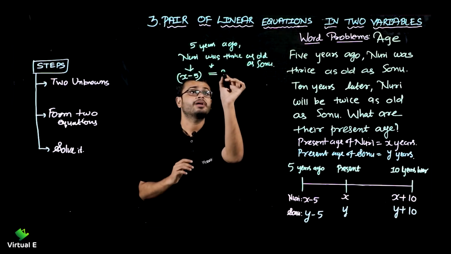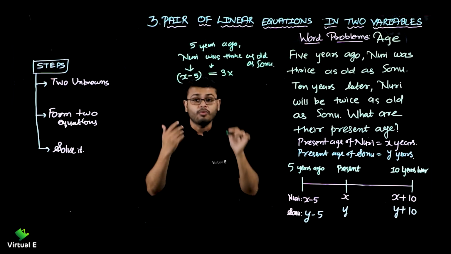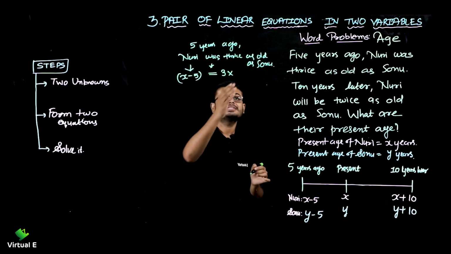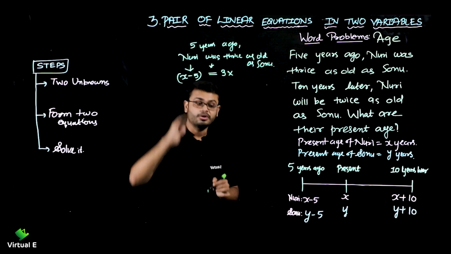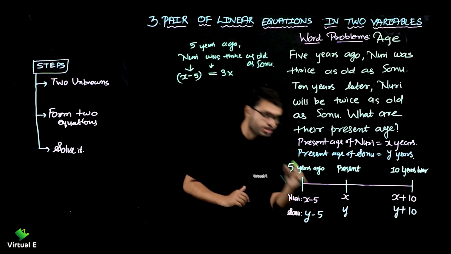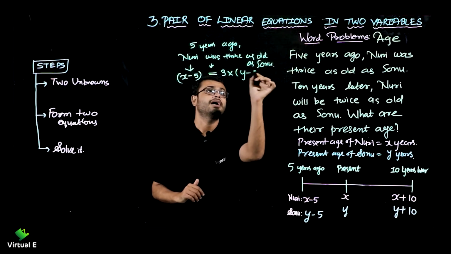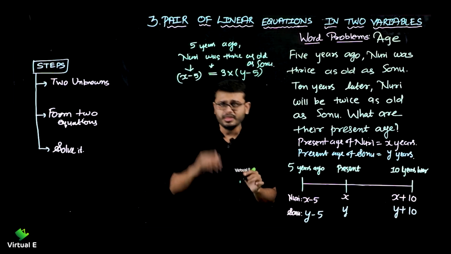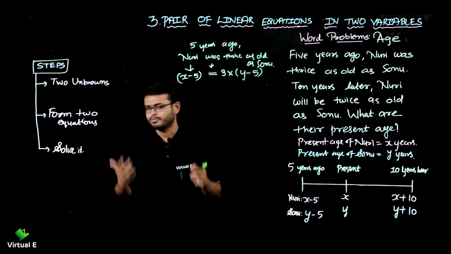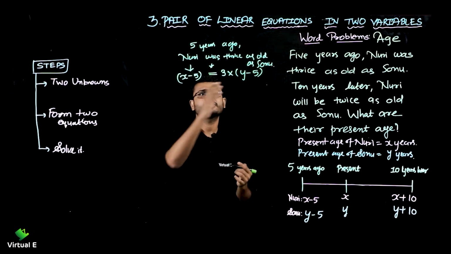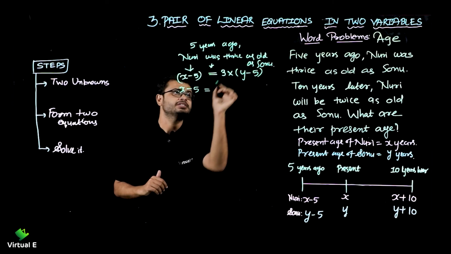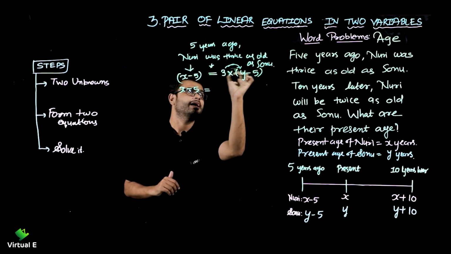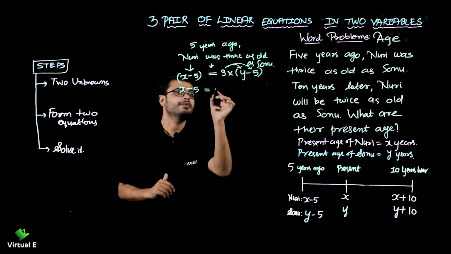Thrice means multiply by 3. What will you multiply by 3? That is the age of Sonu. Remember again, we are talking about the case of 5 years ago. So Sonu's age was Y minus 5. My first equation, I need to simplify still. Obviously, it's not in a normal form. So X minus 5 as it is, 3 I will be multiplying to each term one by one.